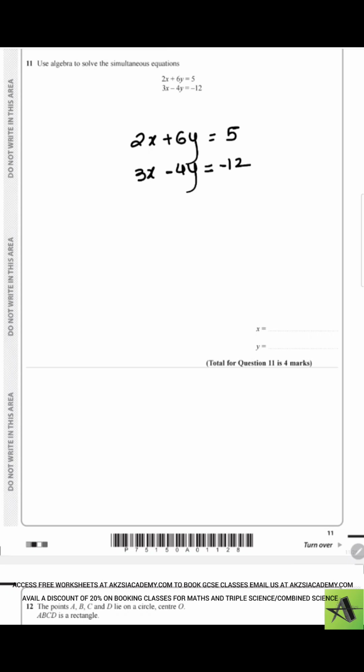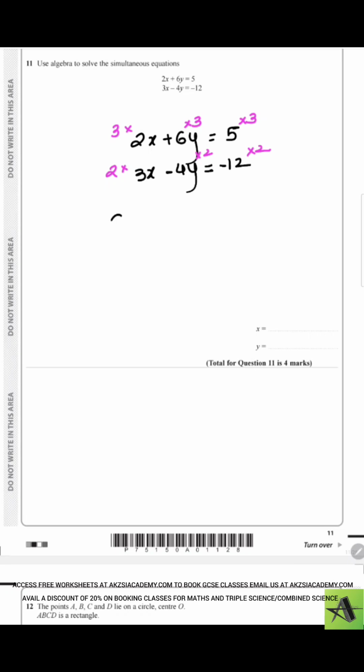So I can make both coefficients 6. I can make the first one, the above one, 6 by multiplying it with 3. Similarly, the bottom one can be made 6 by multiplying it with 2. Only focus on making x 6. So whatever you're doing with one thing, you just have to do with the others as well.